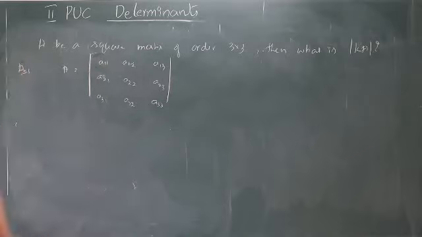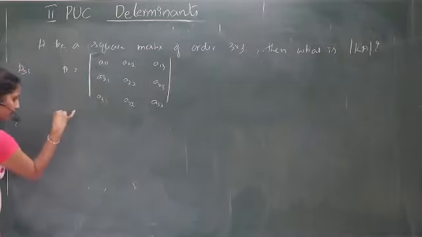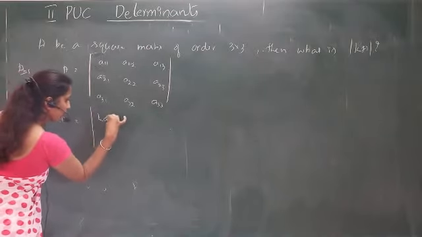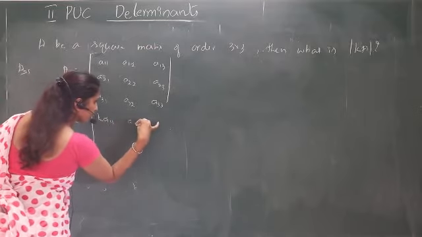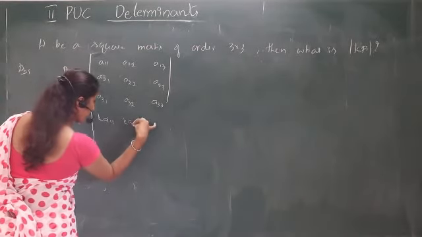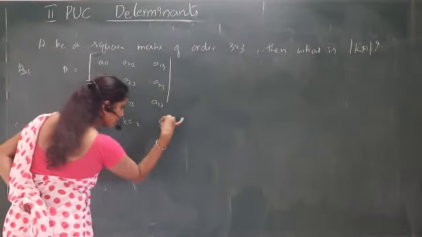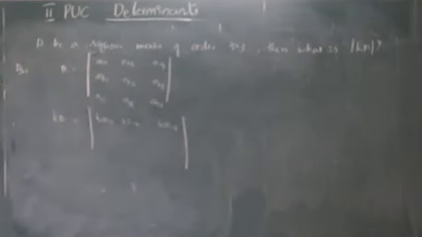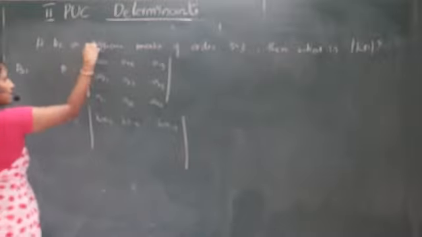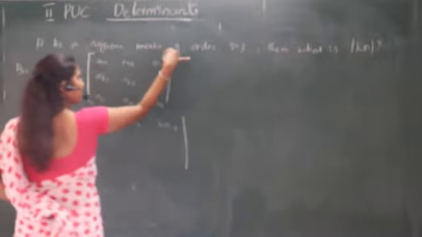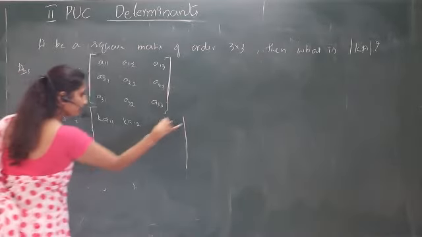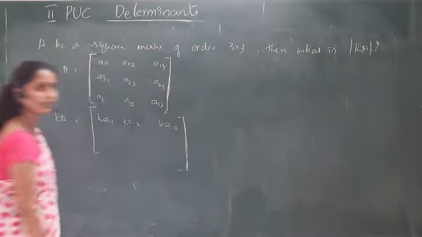If I take this as the determinant, then I have to take k into A. So k into A11, k into A12, k into A13. I have to take k into A, where A is a matrix. I'll consider this as a matrix, and kA is also a matrix.